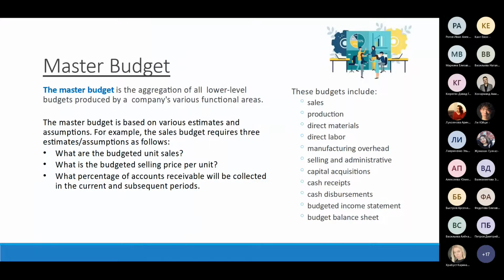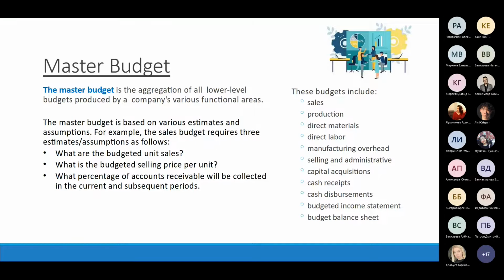It is just the aggregation of all lower level budgets produced by the company's various functional areas. On the right, you can see the list of budgets that may be included in the master budget, the different budgets that companies use as a basis of planning.